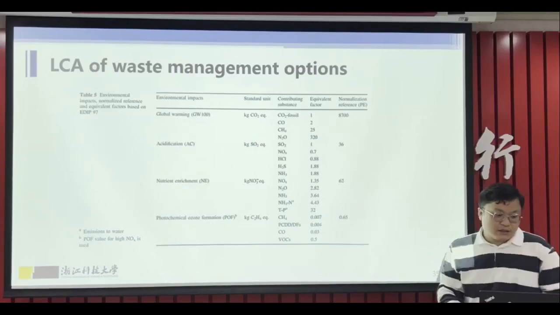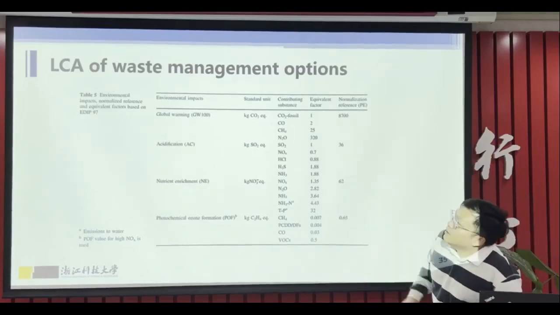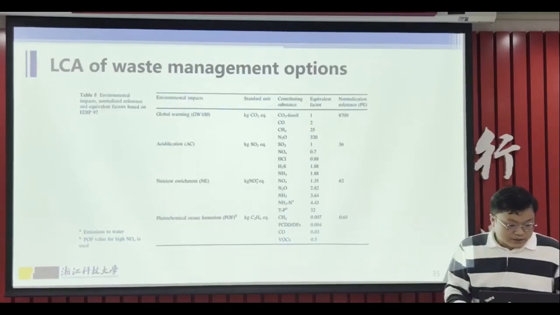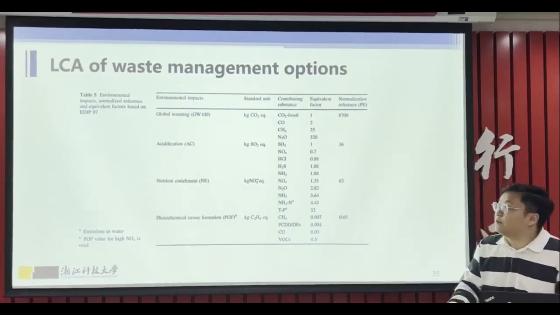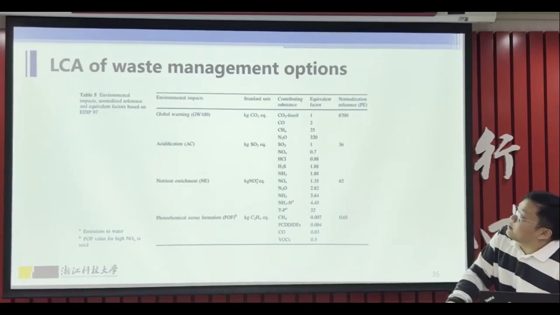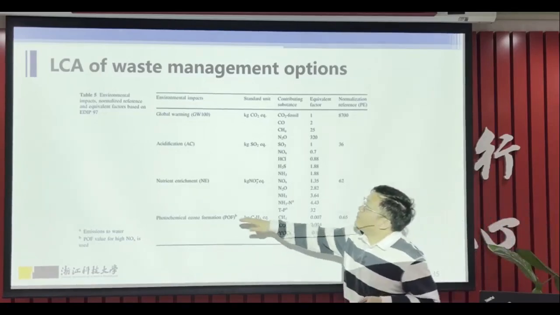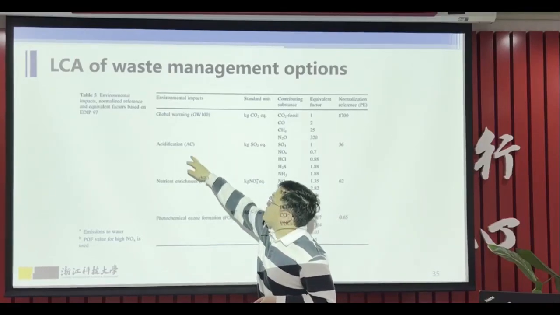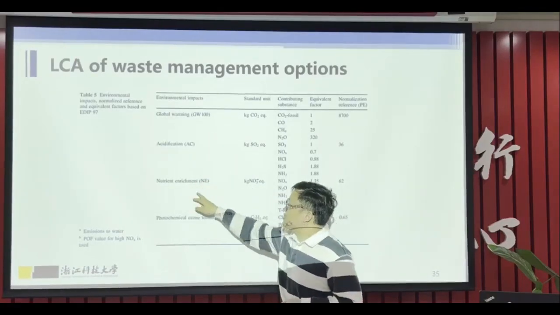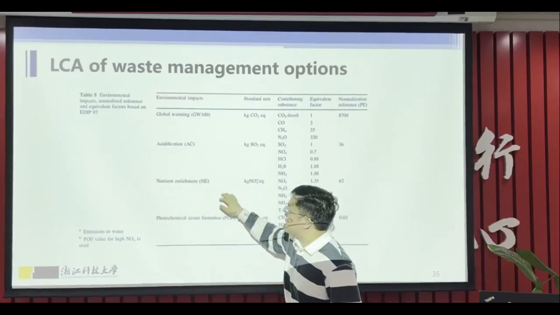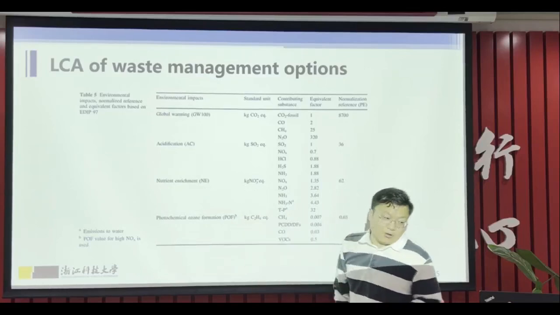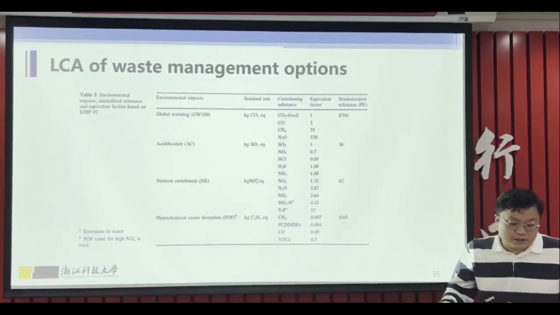Here is the impact method, which we can see is based on the EDIP 1997 method. The environmental impacts considered here are the global warming potential, the acidification potential, the nutrient enrichment potential, and the photochemical ozone formation potential. These are the four environmental impact categories.